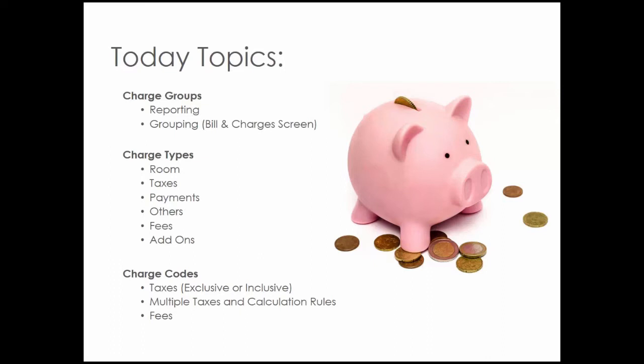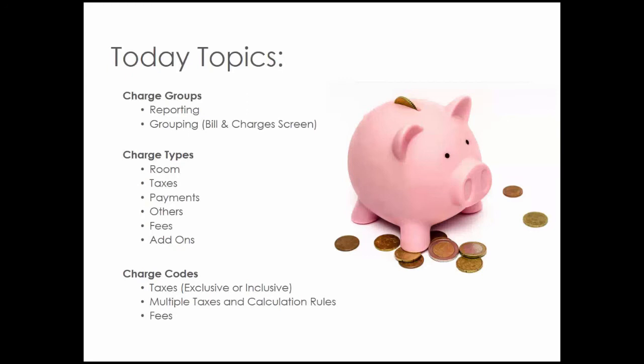The second area is a grouping on a guest bill. If I'm looking at a guest bill as an end user, as front office staff, it's going to allow for some grouping of those charges within the bill, and you'll see those items all tied together.